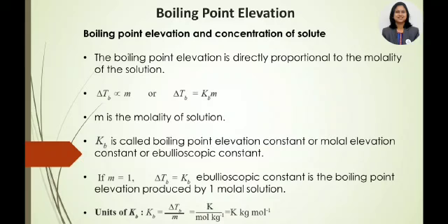Units of Kb. Kb is equal to delta TB divided by m. Delta TB is in Kelvin and small m is in moles per kg, and when we substitute the values, Kb is in K kg mol inverse.